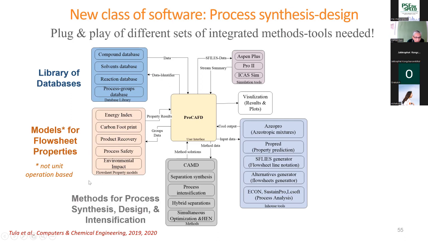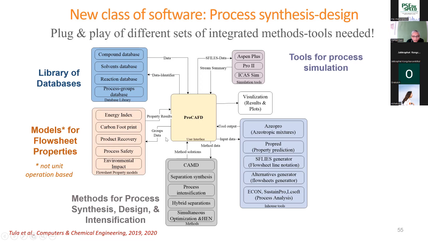We need to be able to size a new flow sheet, design intensification process flow sheets, as I showed you, design hybrid operations, as I showed you. All of those design methods we need.